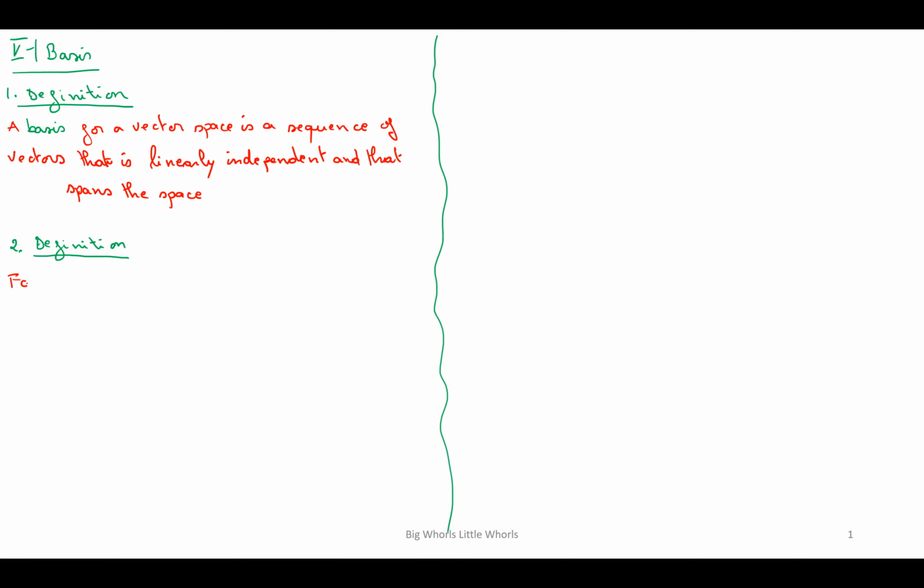For any Rn, epsilon n is equal to the vectors (1, 0, 0, ..., 0), (0, 1, 0, ..., 0), up to (0, 0, 0, ..., 1).